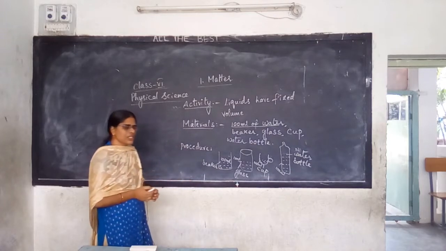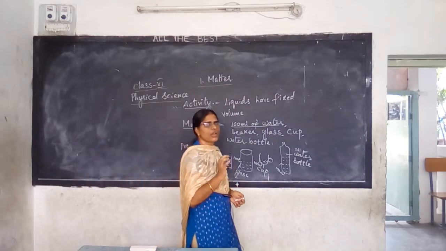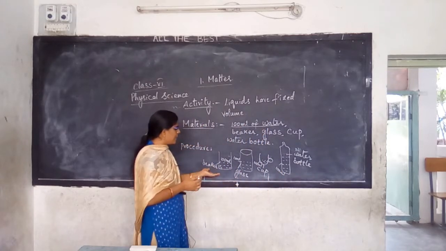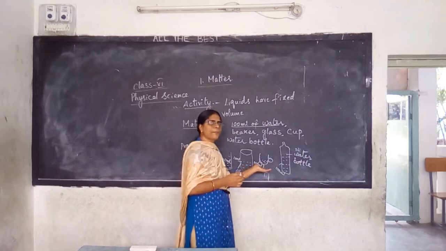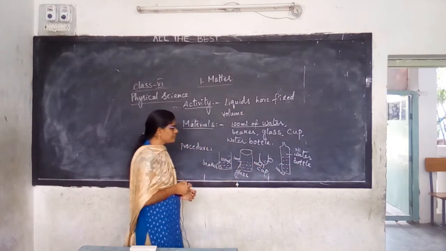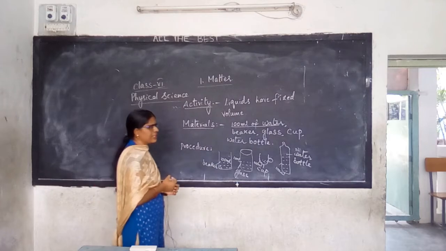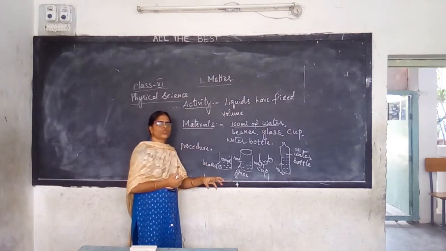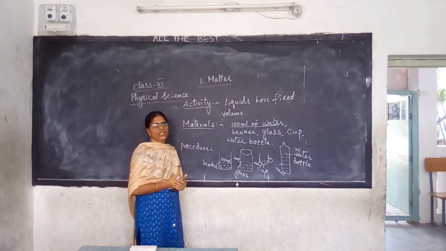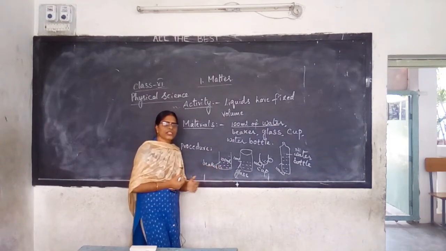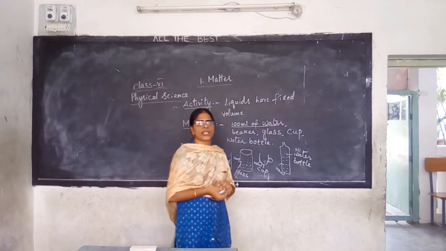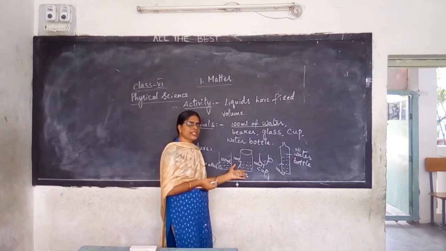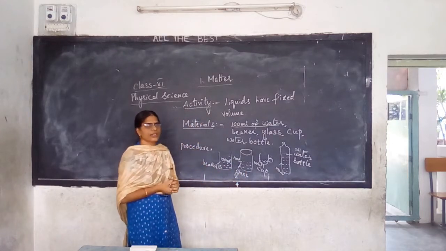Now your procedure is, take 100 ml of water. Fill it in a beaker, glass, cup and a water bottle. After filling, you observe the volume of the water is 100 ml only. But when I place it in a beaker, the liquid takes the shape of the beaker. When I place it in a glass, it takes the shape of the glass.